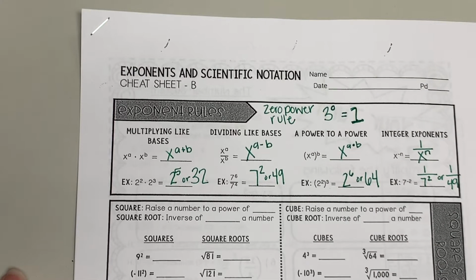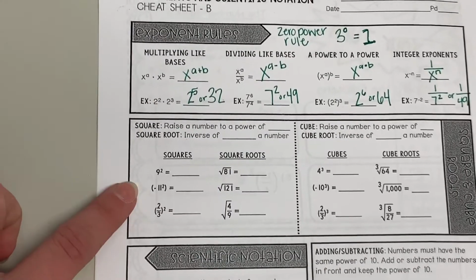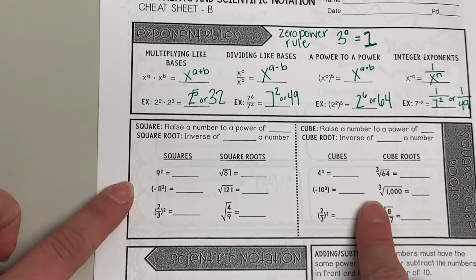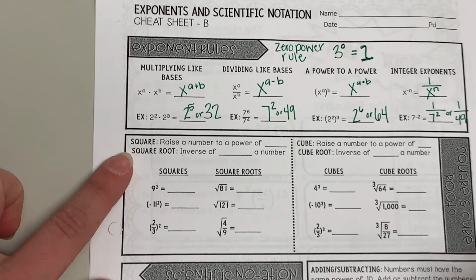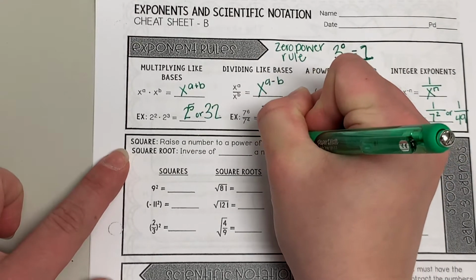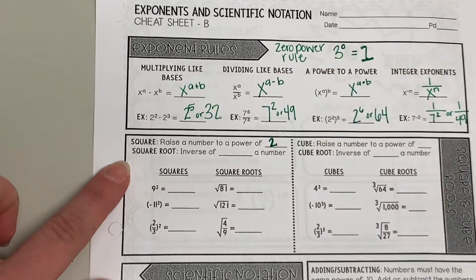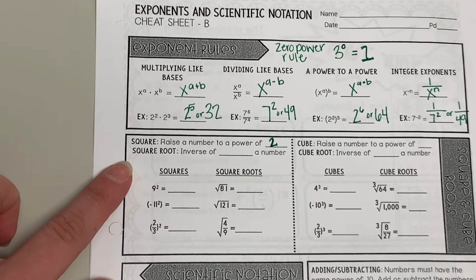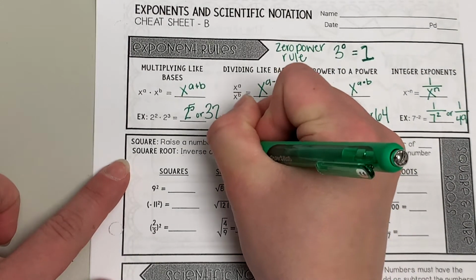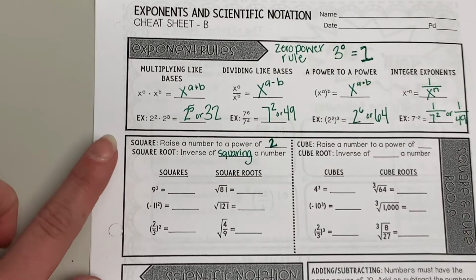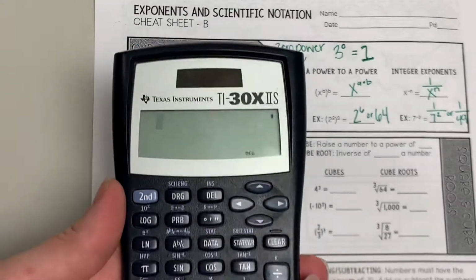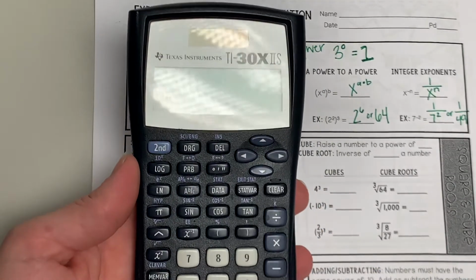Okay, so let's talk now about squares and cubes. A square raises a number to a power of 2. A square root is the inverse of squaring a number. So when you want to square a number in your calculator, you're going to type the number.